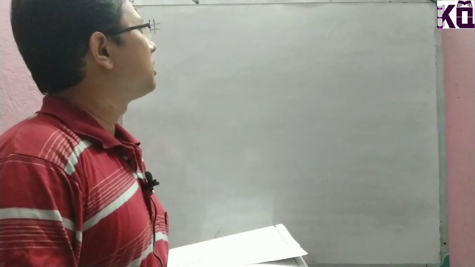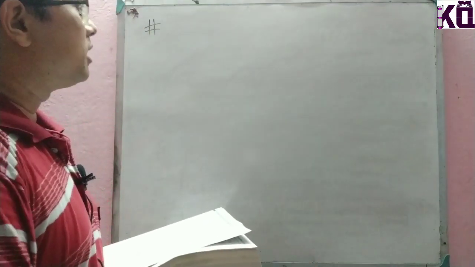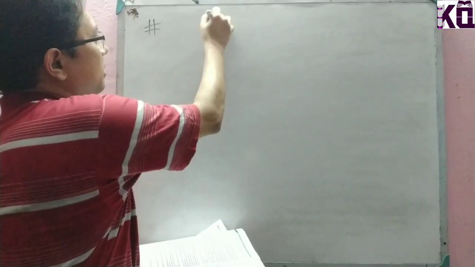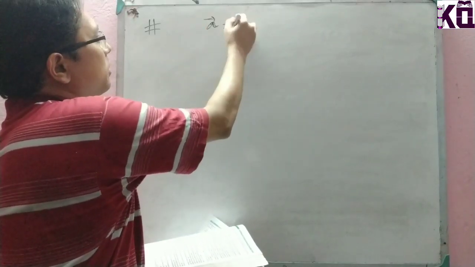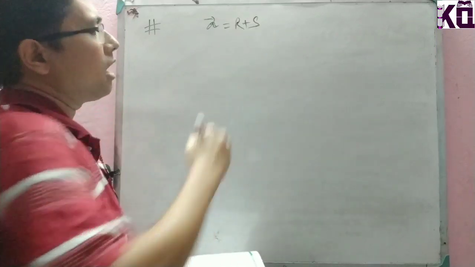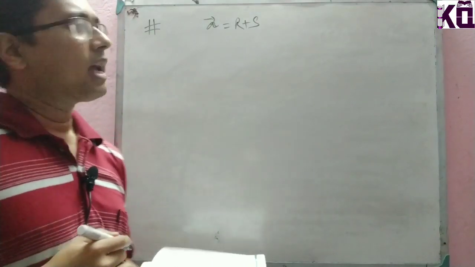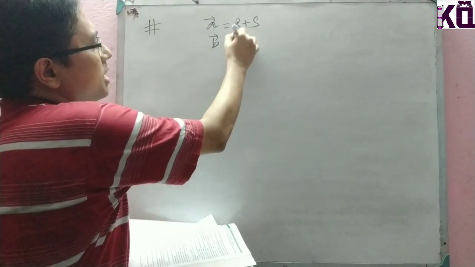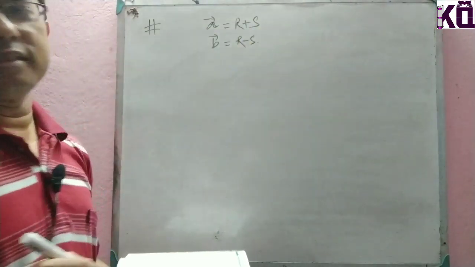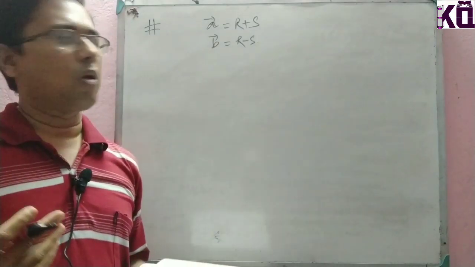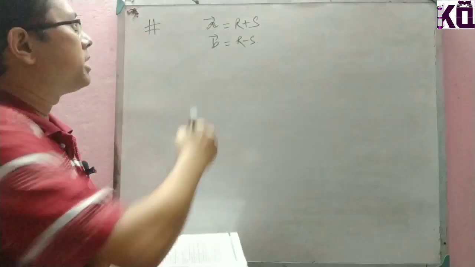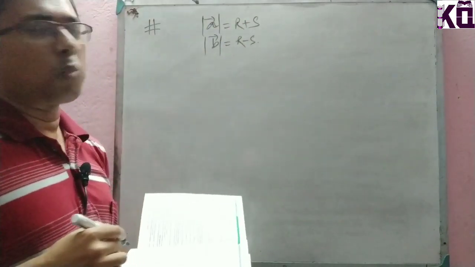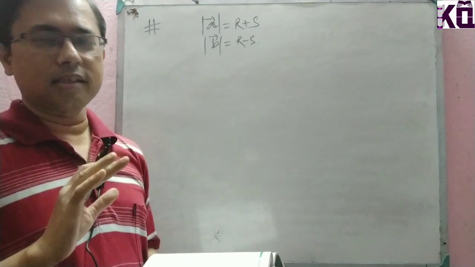That means what is given is one particular vector, say vector a, whose magnitude is r plus s, and another vector b, whose magnitude is r minus s. Basically we can write the magnitudes mod a and mod b as r plus s and r minus s.